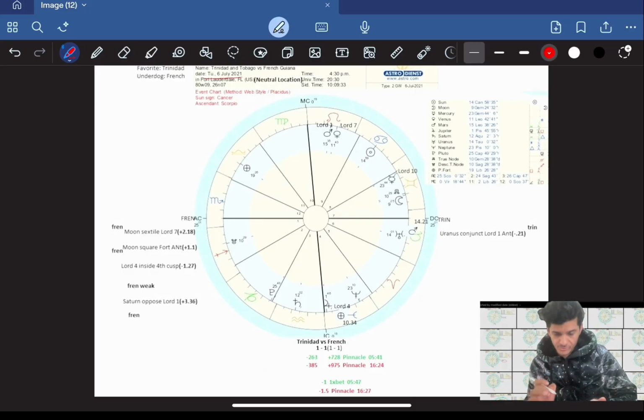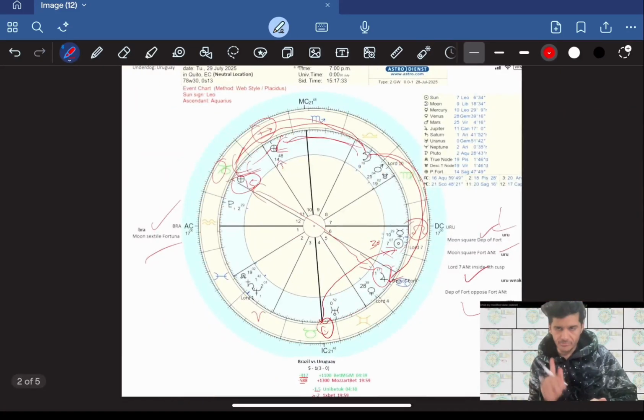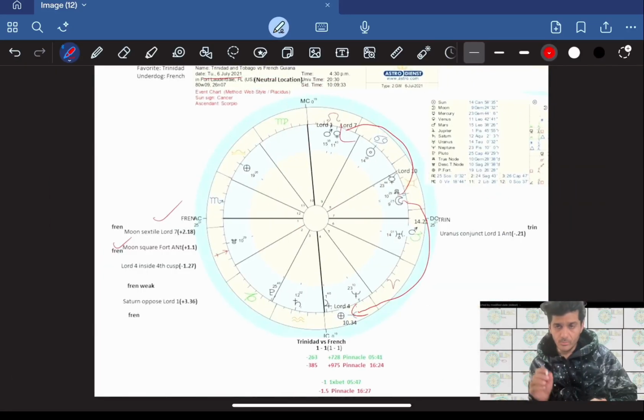In this chart, it's similar because, as you can see, the Moon makes a sextile to 7, and then a square to Fortuna's anti-sign. So that makes it mutual. Just like the Brazil chart, it is also mutual. Now, are the parameters the same as well? Yes, they are, as you can see. Saturn opposing 1, 3 underdogs. And the ruler of 4th, Pisces, Jupiter, inside 4th, is a weak aspect.